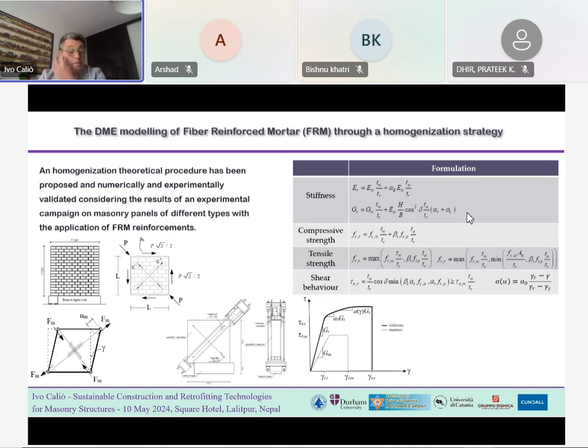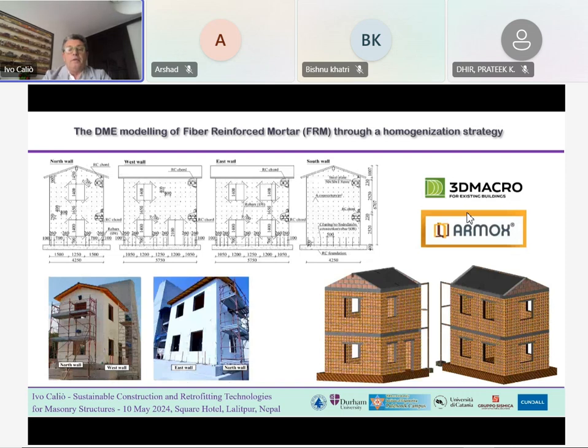This approach has been applied in particular for masonry walls that have been reinforced according to the previously presented retrofitting strategy, and has been applied in the plane macro element and implemented in the software called 3D Macro. We validated the strategy both numerically and experimentally in several cases.